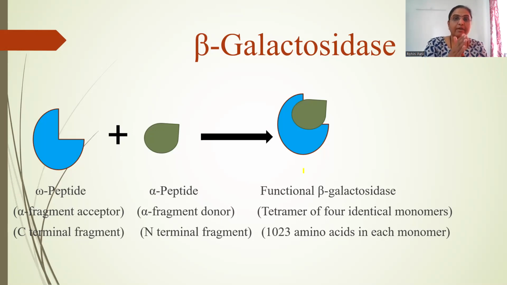The alpha peptide has been provided to complete the structure of the beta galactosidase, so that it is a functional beta galactosidase.